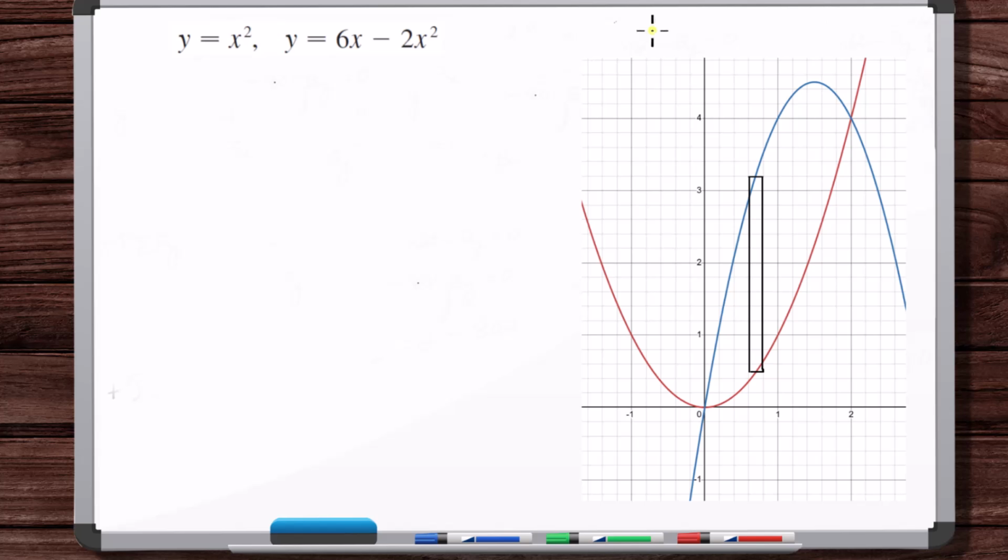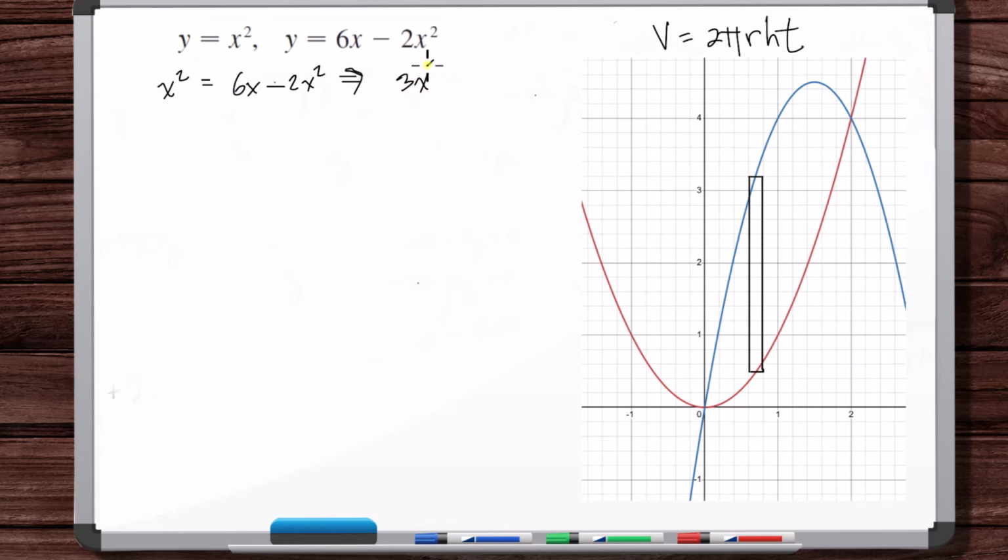And then the V is again 2 pi r h t. Now we're going to be integrating from 0 to, it looks like 2 here, but let's verify that. Let's set these two equations equal to each other. x squared equals 6x minus 2x squared. Add 2x squared to both sides.